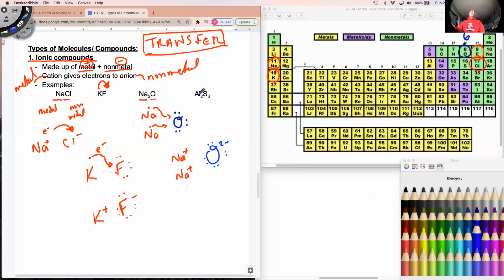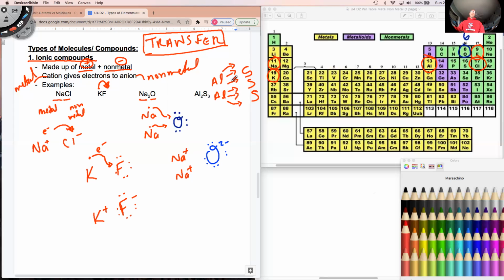Okay, same thing would happen here with the aluminum. I'm running out of space, but you'd end up with 2 aluminums. Those are the metals, and they're going to give their electrons. How many? Well, aluminum is going to have a +3 charge. So each one of these aluminums is going to give 3 electrons to these 3 sulfurs over here. So there are going to be 6 electrons given out.